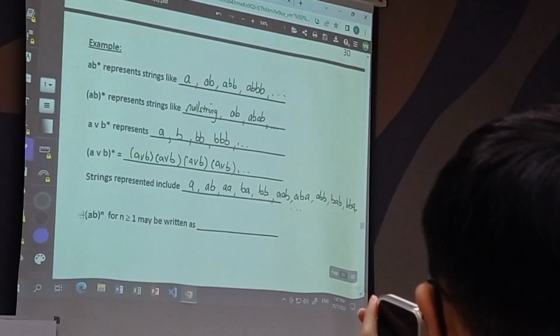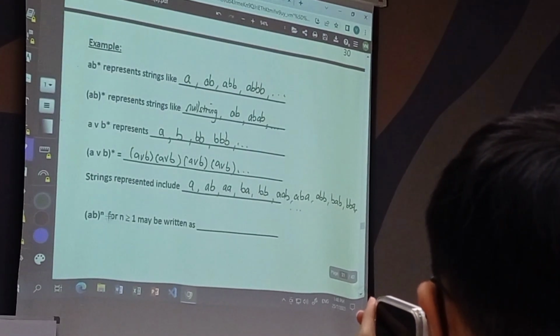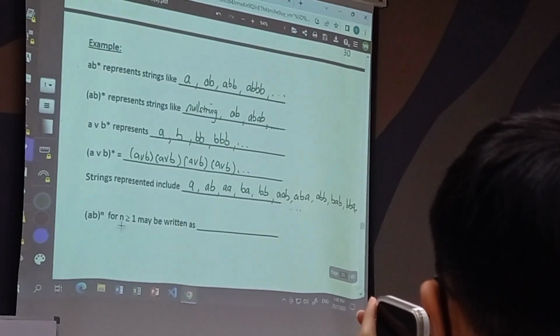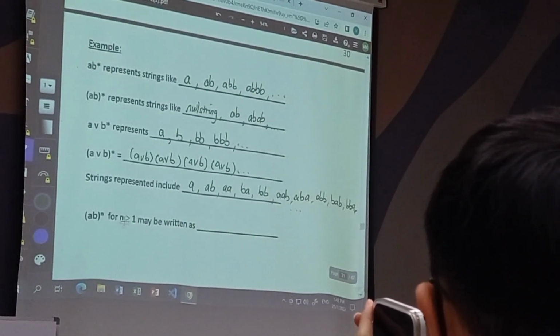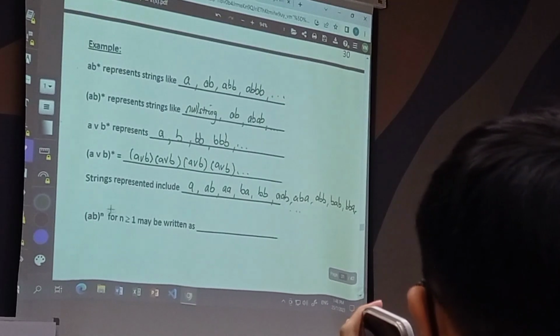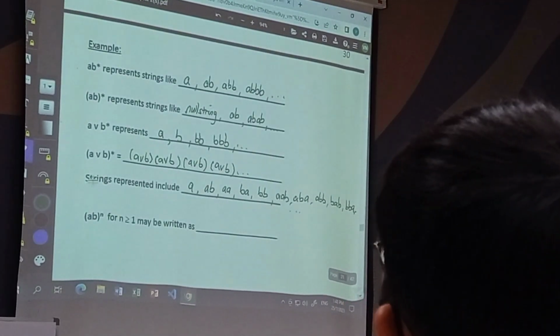Next one, AB power n for the n more than or equal to 1. Because if the n starts from 1, meaning that we will have at least one AB. Agree? So if we want to convert it to the asterisk, how should we write?